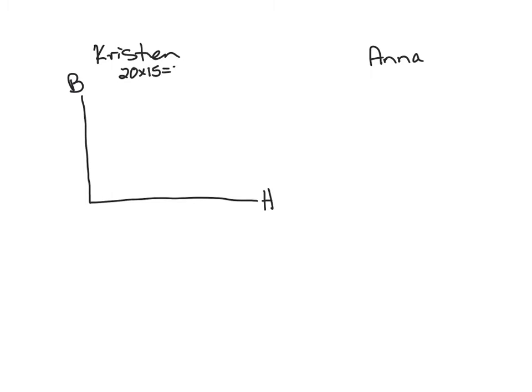Okay, so that's 300 bracelets. So let's put 300 up here on the y-axis. And in a 20-hour work week, if she instead devotes all that time to making hats, she can make 60 hats. So 60 over here. And then we combine the two extreme points.